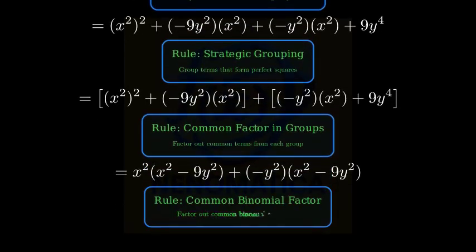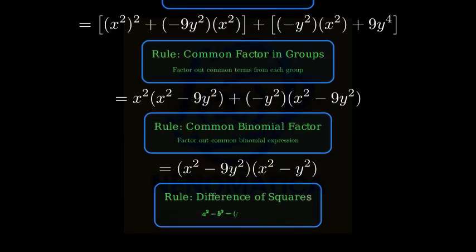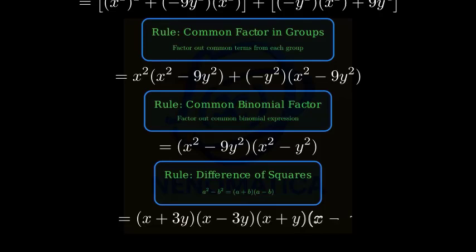Notice that x squared minus 9, y squared appears in both terms. We can factor this out to get open parenthesis, x squared minus 9, y squared close parenthesis times open parenthesis, x squared minus y squared close parenthesis. Both x squared minus 9y squared and x squared minus y squared are difference of squares, which we can factor further. X squared minus 9 y squared equals open parenthesis x plus 3 y close parenthesis times open parenthesis x minus 3 y close parenthesis.